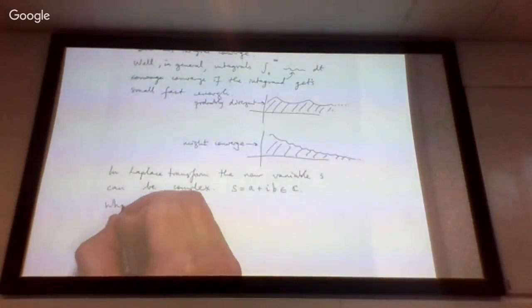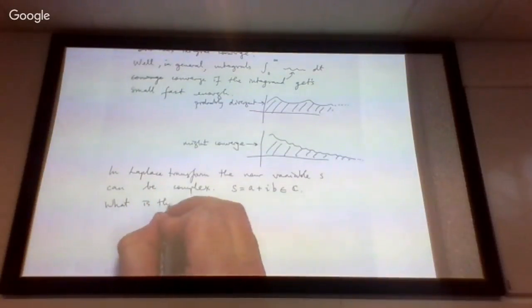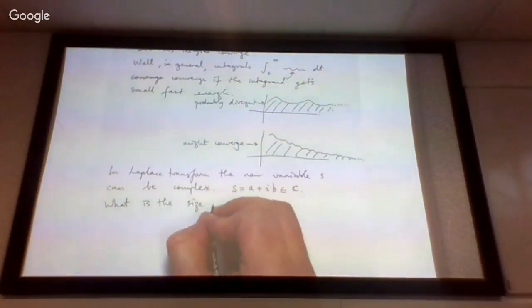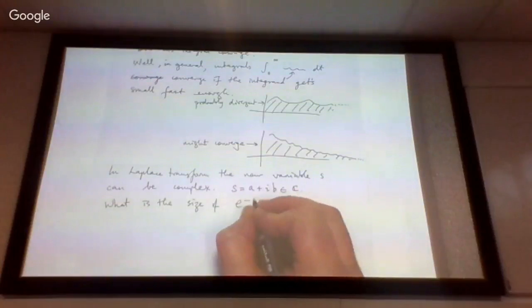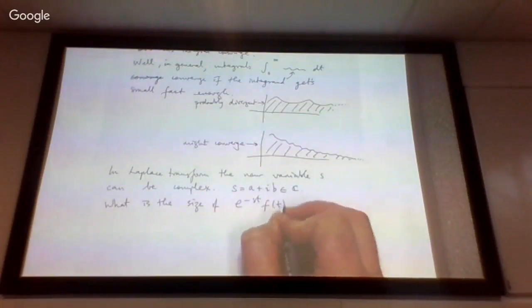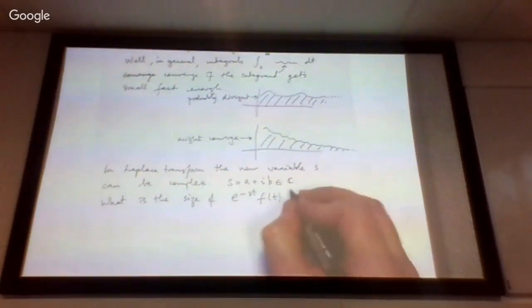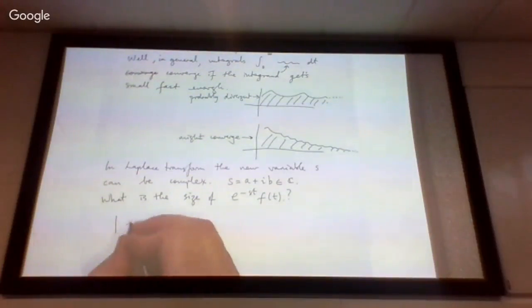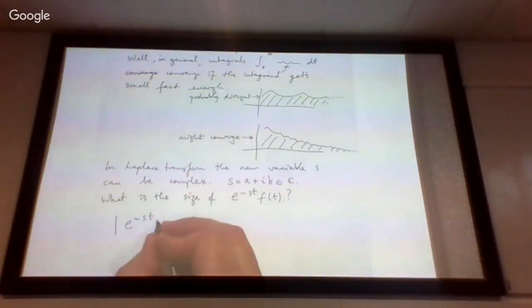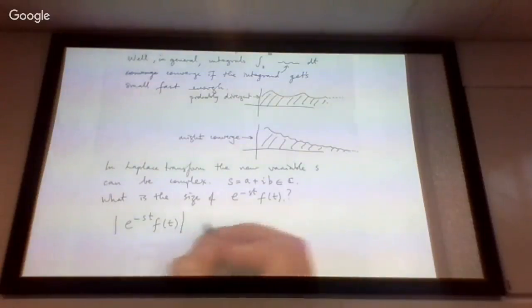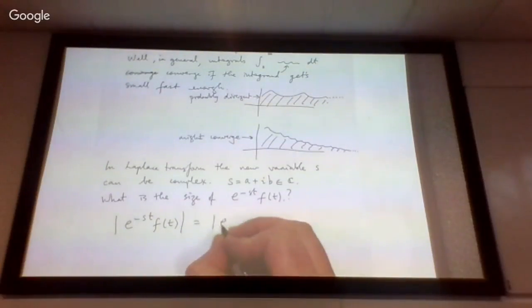So what is the size of the integrand, e to the minus st f of t? Well, we look at its absolute value. Now, absolute value is multiplicative.